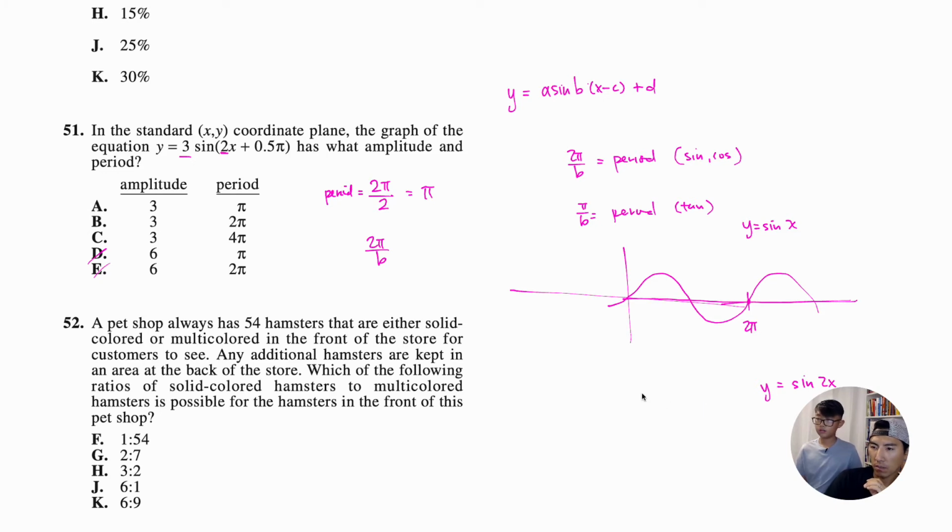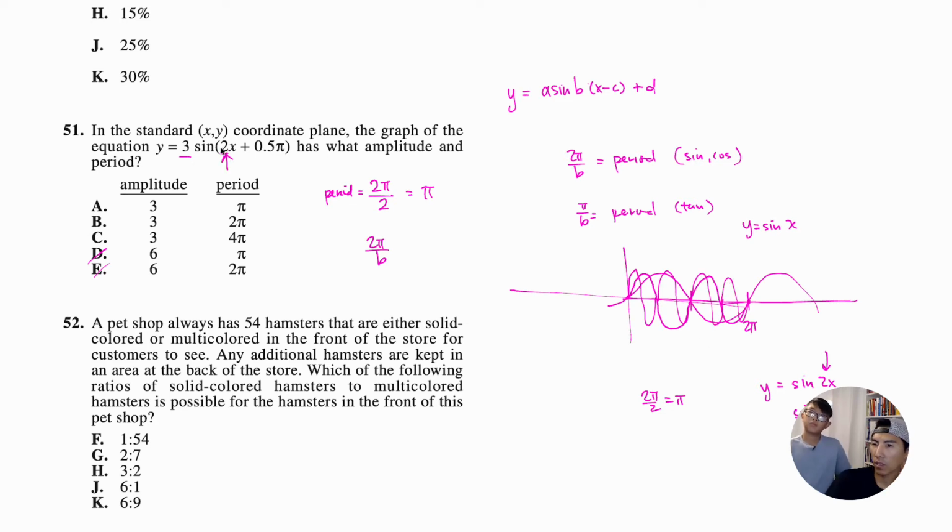The period is going to be 2 pi over 2, which is pi. That means that graph is going to go like that. You're actually going to have 2 of them within 2 pi. It's going to go about twice before it reaches 2 pi. If it's sine 4x, it's going to go 4 times. It'll go like that: 1, 2, 3, 4.